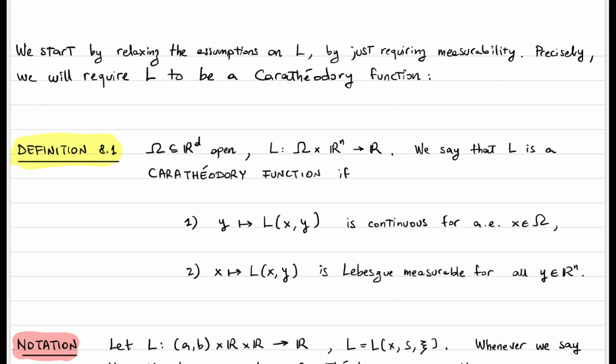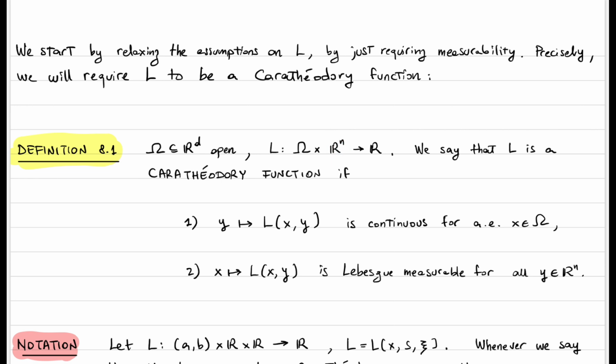So, okay, a Carathéodory function is not continuous, but we're requiring that if you freeze this argument here, then the resulting function must be continuous, and this has to be true for almost every point in Omega fixed. And second, we require that when the argument here is frozen, then the function is Lebesgue measurable, and this has to be true for all points here which are fixed.